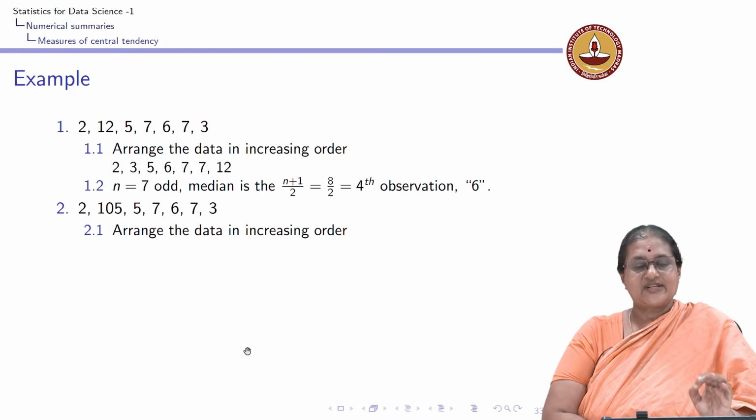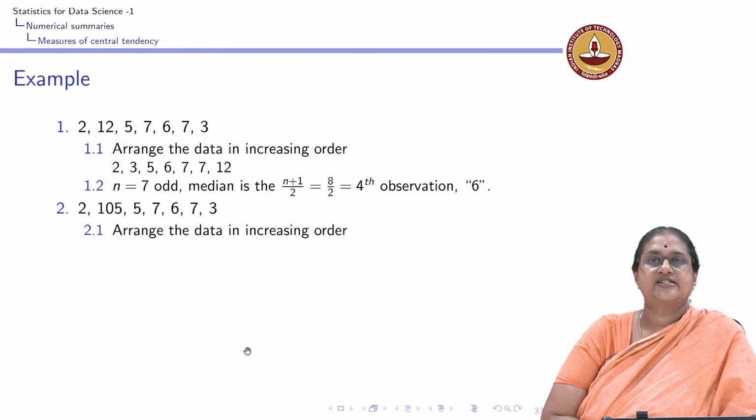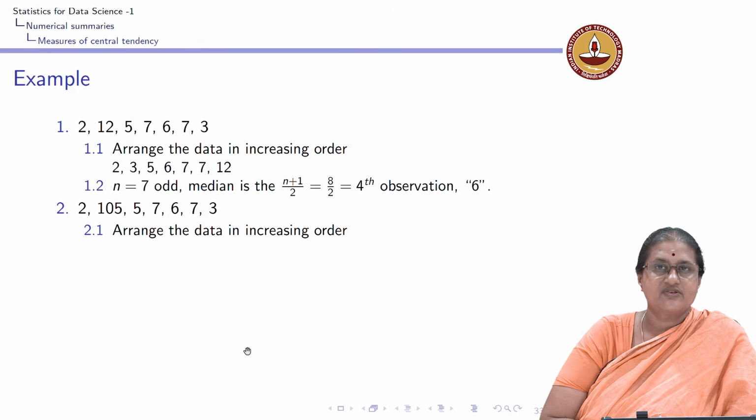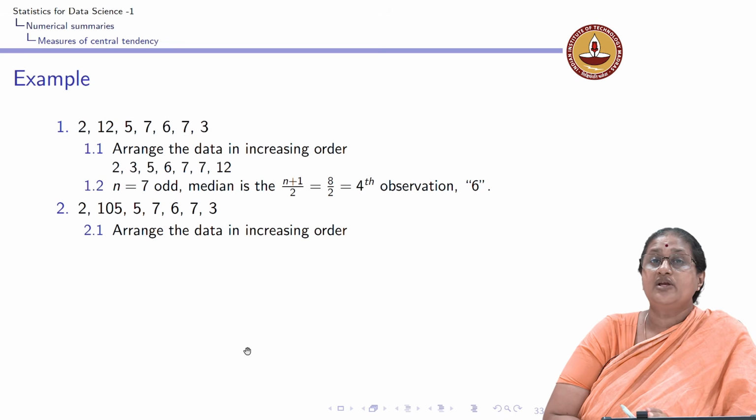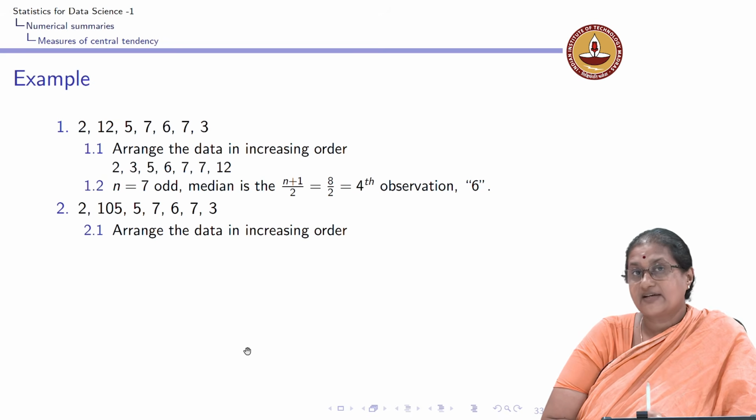The difference between the second data set and the first data set is in only one observation, the second observation, which is 105 for the second data set and 12 for the first data set. Remember, when we computed the mean, we saw that this one observation actually influenced the mean, and the means of the two data sets were very different from each other.